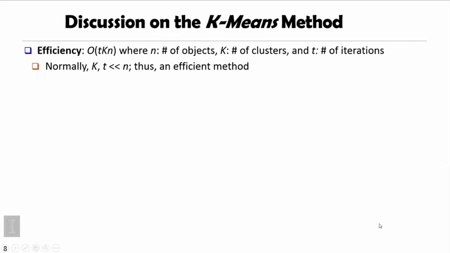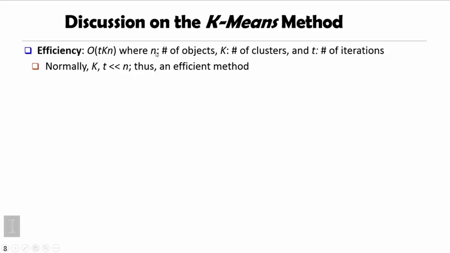The first important thing to know is that this is a pretty efficient algorithm for clustering. Suppose we have n objects in total and we want to find k clusters, and it becomes stable after t iterations. The computational complexity is this: for every object you need to decide which cluster it belongs to, so you assign it to the corresponding k centroids.